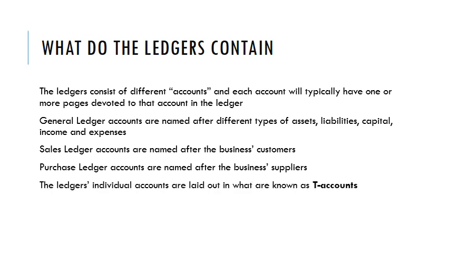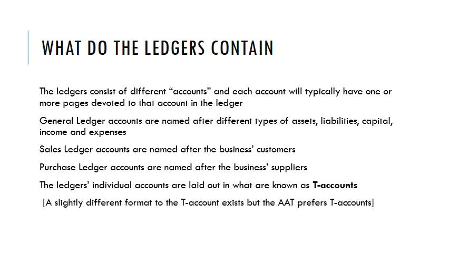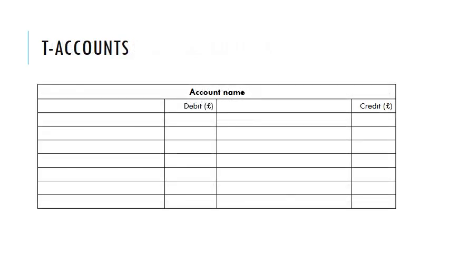The way that each of these accounts is laid out on the pages of the ledgers is known as a T account. Now, there are different formats to these T accounts that can be seen quite commonly in businesses, but the AAT does prefer to use T accounts. So here's an example of a T account. It's simply a table where at the top of the page we'll have the account name that this T account is dealing with.